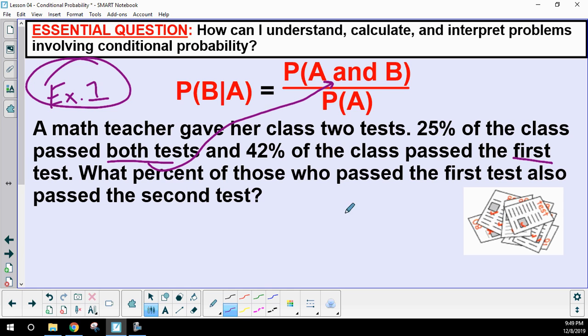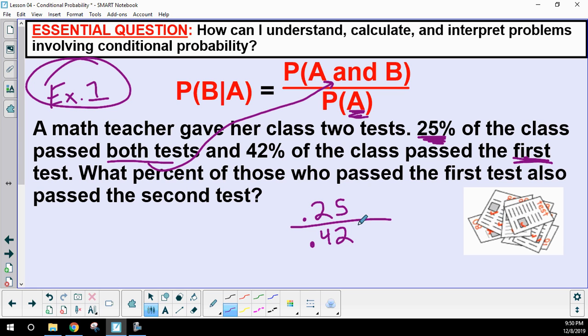So if you're writing this as a fraction, you'd want to put that both number, 25, written as a decimal. You have to convert the percentage to a decimal, over the first test, A, first letter in the alphabet, just trying to make it easy, 0.42.